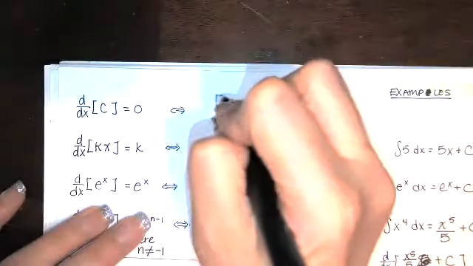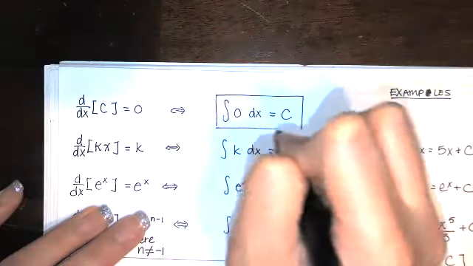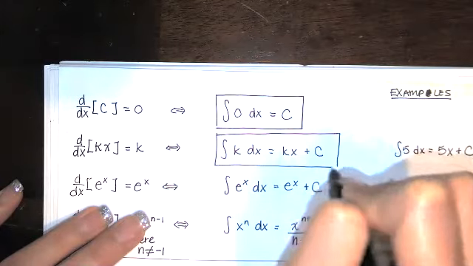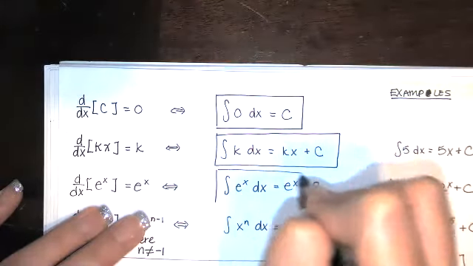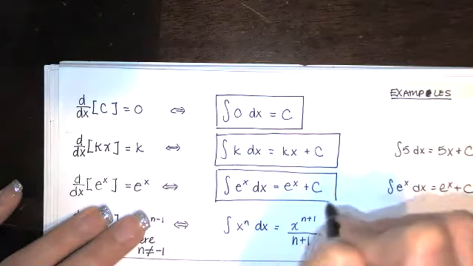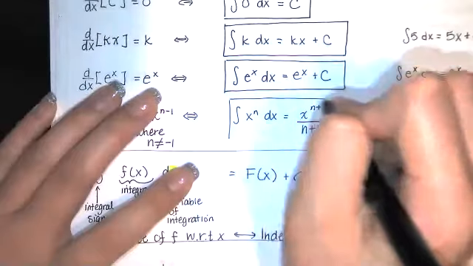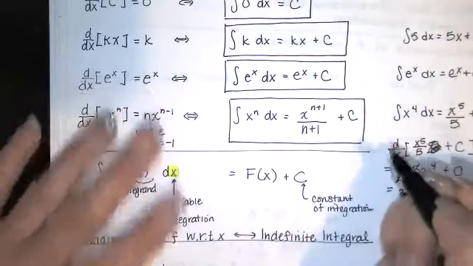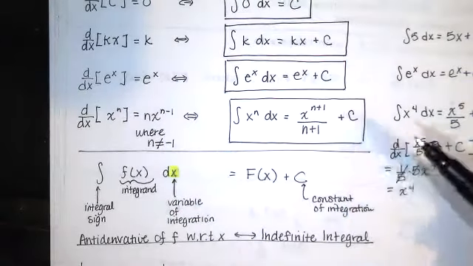Okay, so we've got these rules. The antiderivative of 0 is a constant. The antiderivative of a constant with respect to x is that constant times x. Antiderivative of e to the x is e to the x. And the antiderivative of x to the n, when n is not -1, is x to the n plus 1 over n plus 1.